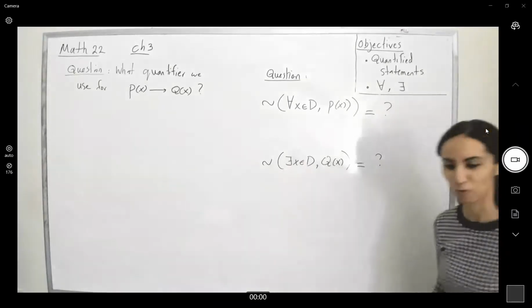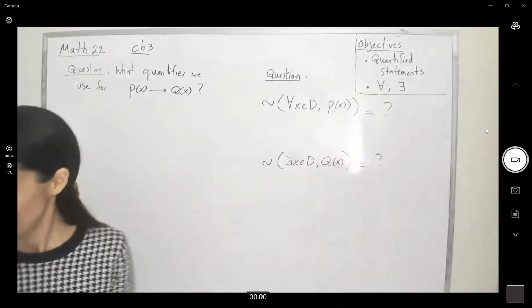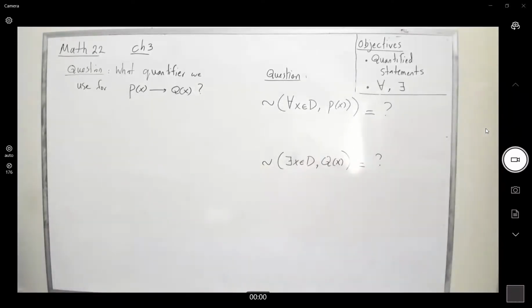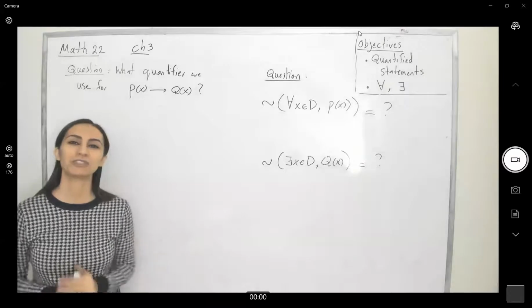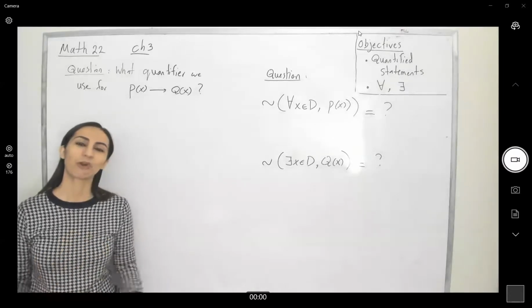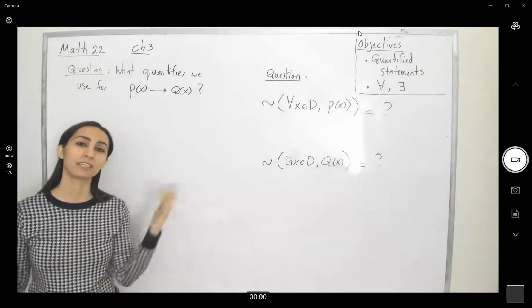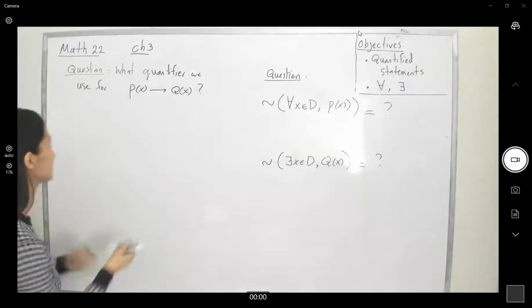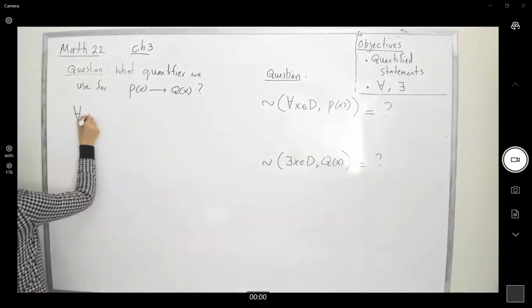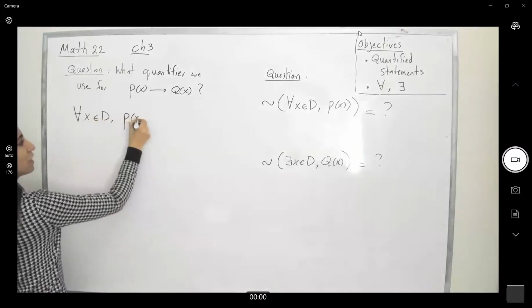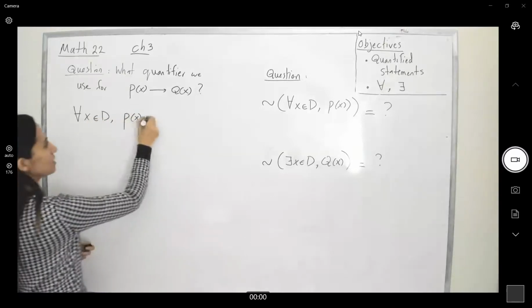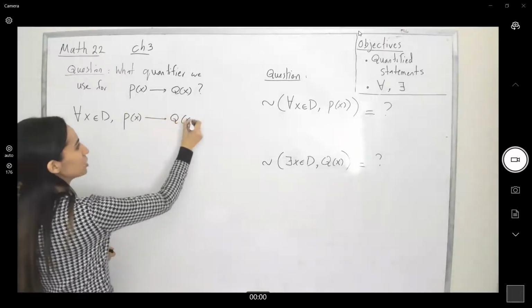So, what do you think, guys? How do you answer these questions? Write your answer in the chat. When you have conditional statement, the quantifier that we use is for all, for every, for any. For all x in D, if we have Px, then we have Qx.